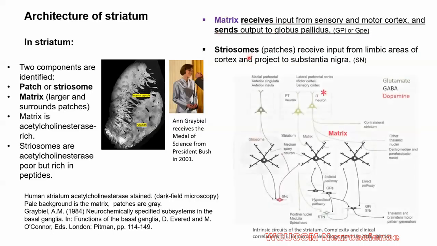The striosomes or patches receive input from limbic areas of the cortex and project to substantia nigra.